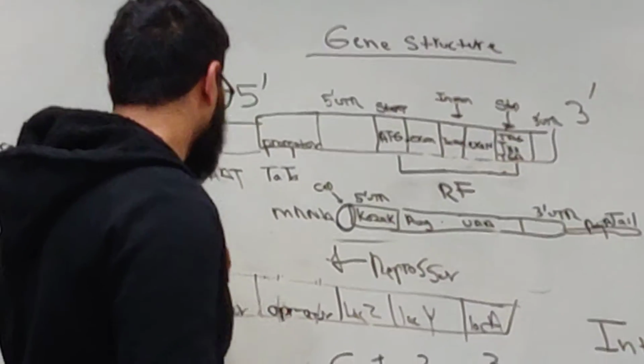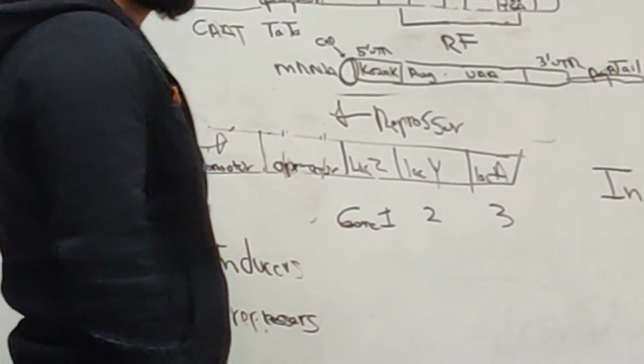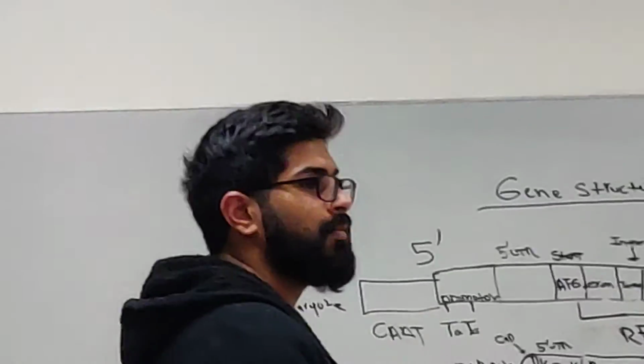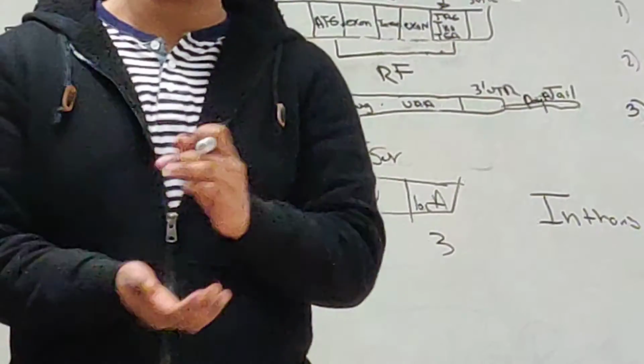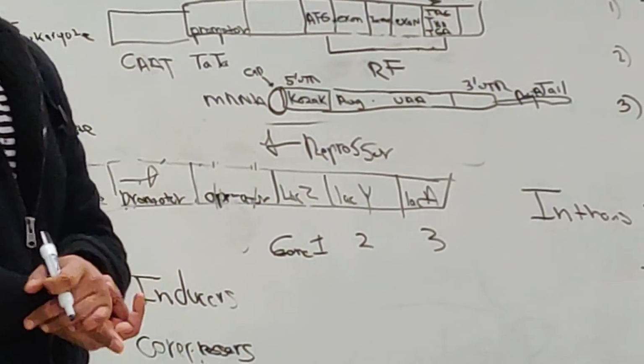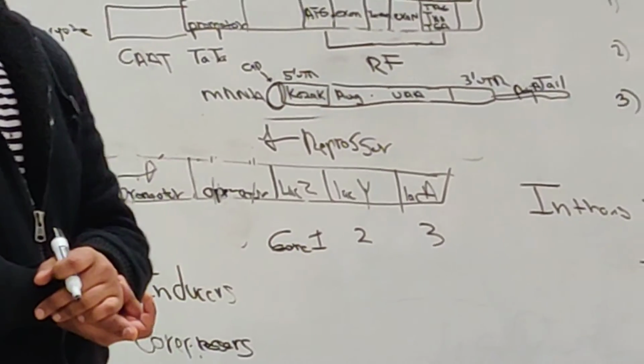It has to do with CAP, so it's like the CAP binding region, the CAP site, you want to call it that. And there's an inverse relationship between the presence of glucose and CAP.